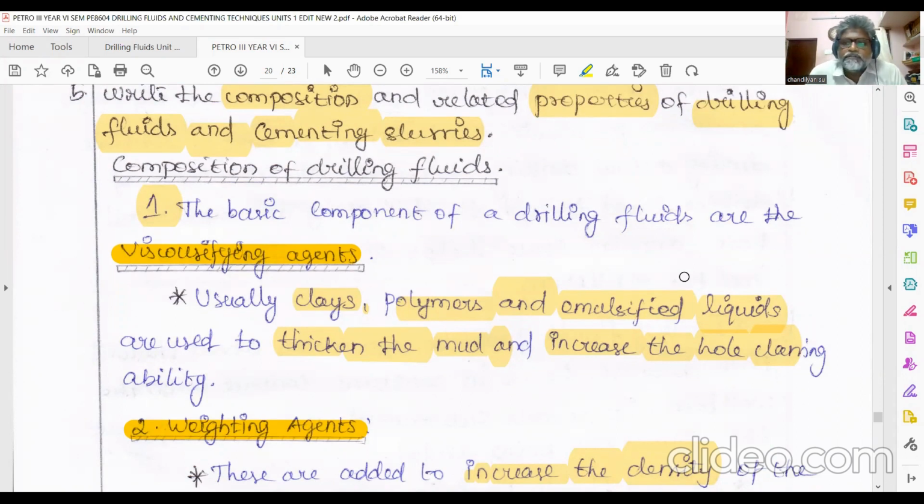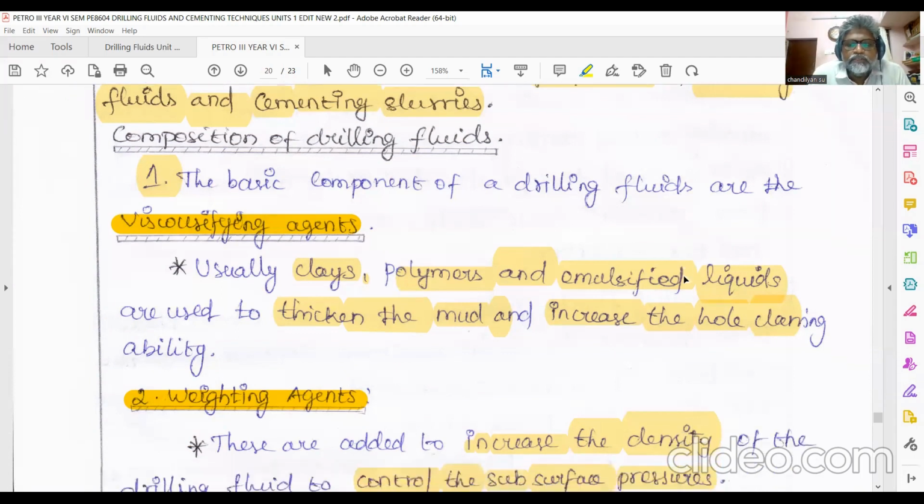That's a typical example in the kitchen, which can be superimposed on the oil industry, where viscosifying agents are used to increase the efficiency of cleaning by thickening the mud and also cleaning the drill.